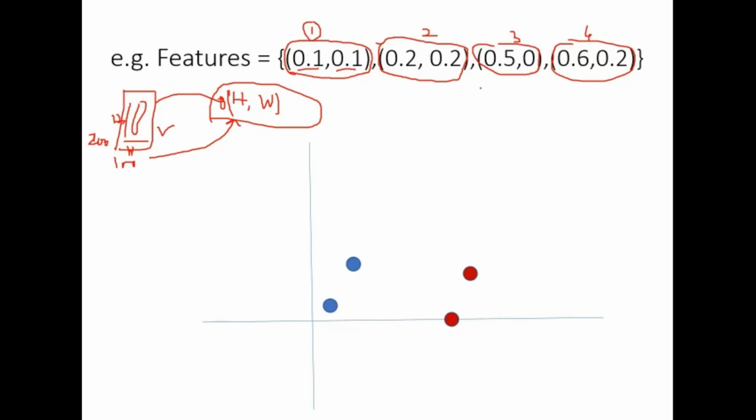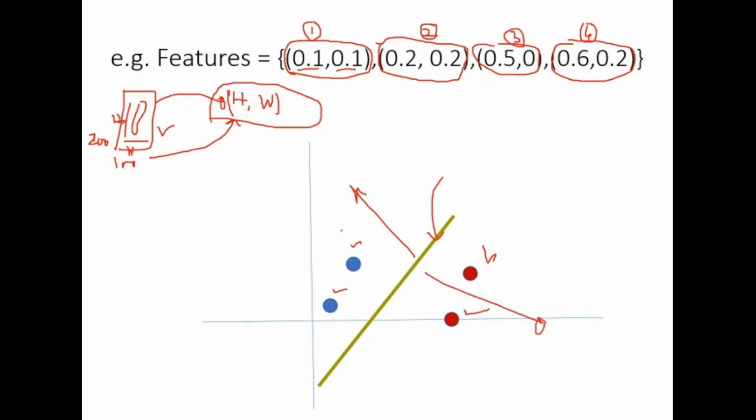Then I take another object and I measure height and width. Then it becomes the second feature vector. Then I take the third one, then the fourth one. So if I plot these four things on a graph, say these are the 4 points, then blue represents one category of object and red represents another category of object. If my machine wants to separate them into two categories, what the machine is expected to do is draw this line, so that this side is category 1 and this side is category 2, or class 1 and class 2.